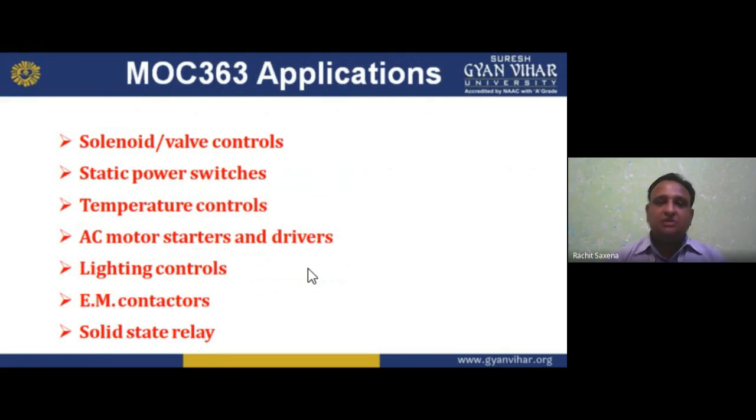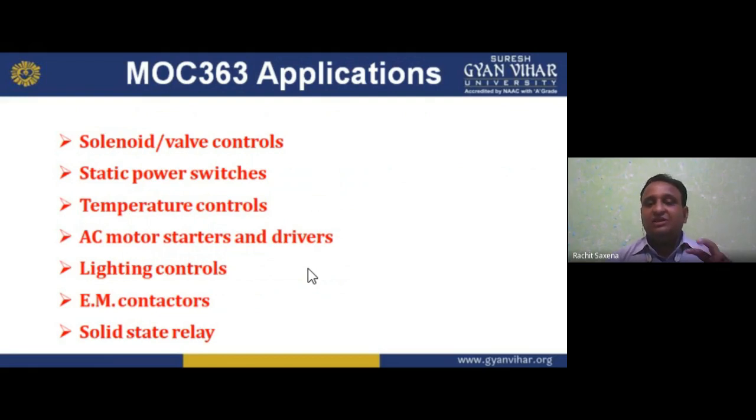For lighting controls, if I want to control the light, then we can use this MOC 3063. We also use it for electromagnetic contactors, and for solid state relays, that is static relays. So we have some similar applications, but some different.